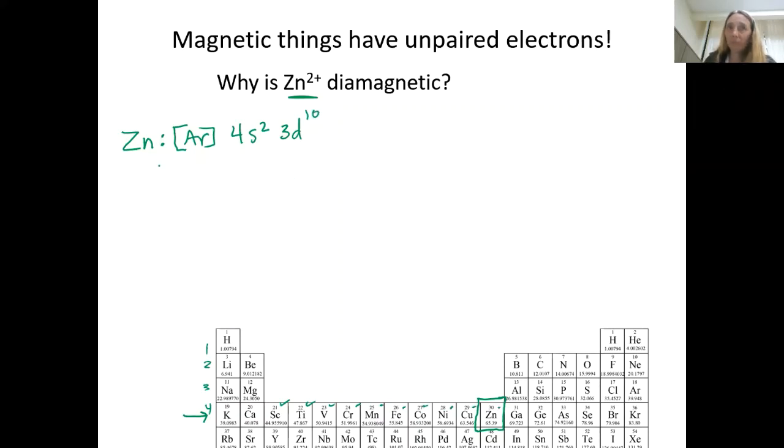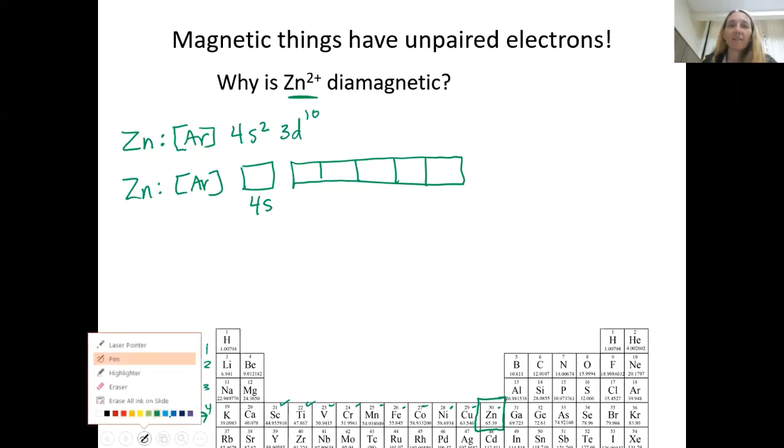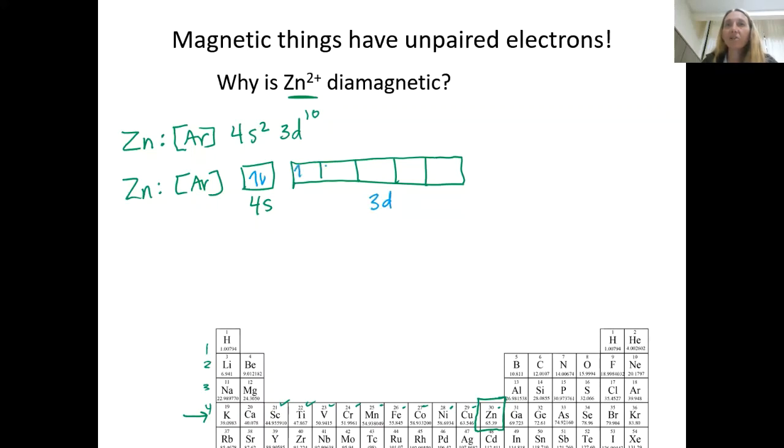So zinc has this configuration of argon, and in the 4s orbital, there's 2 electrons, and in the 3d orbital, there's 10 electrons.